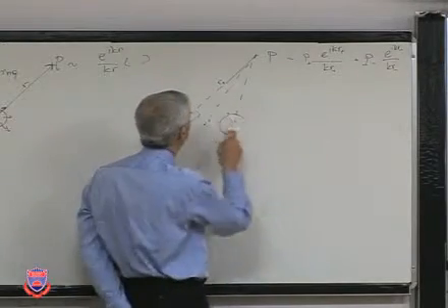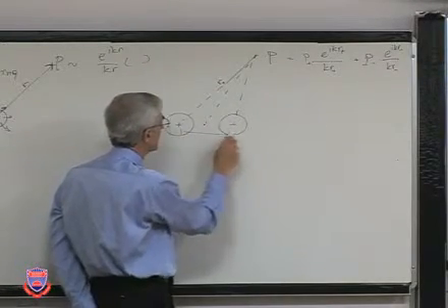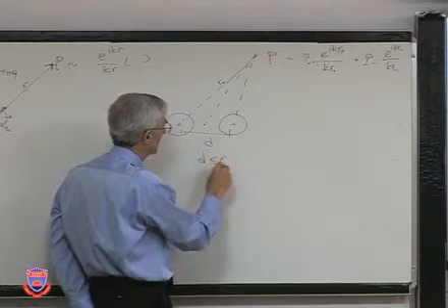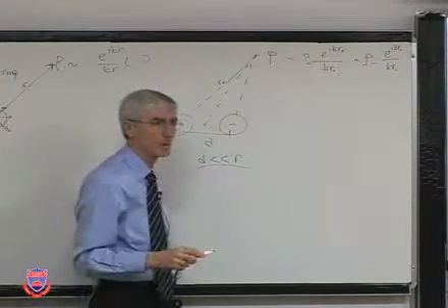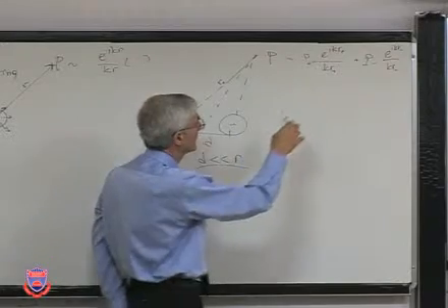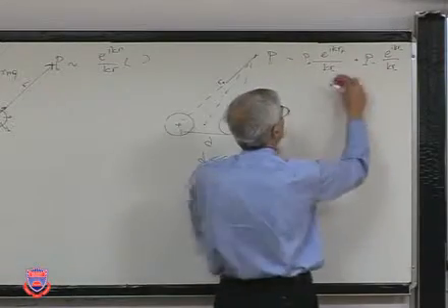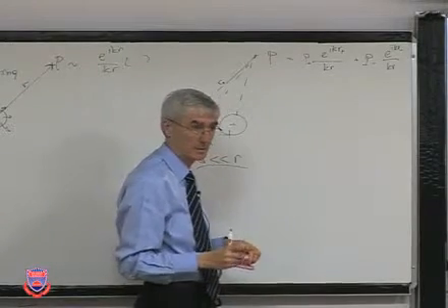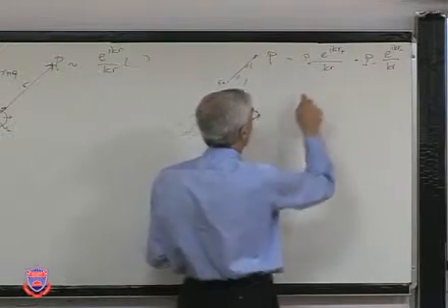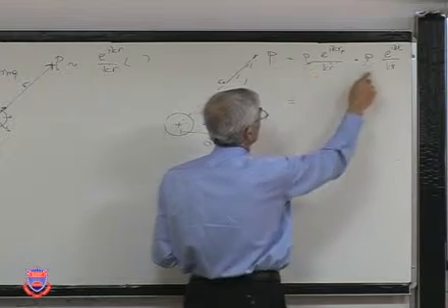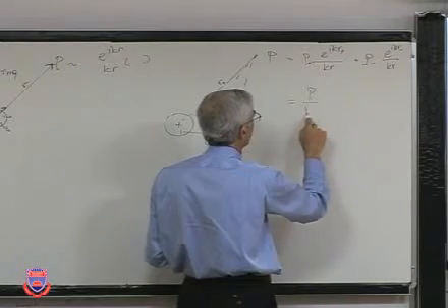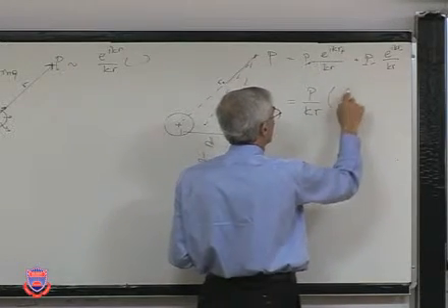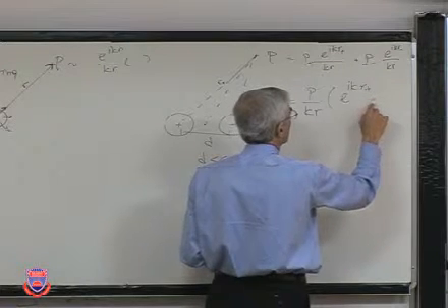Now, let's assume the distance between them to be so small compared to the other distance that these differences don't mean very much. If they're of the same amplitude, we have P of kr, but we now have kr plus.